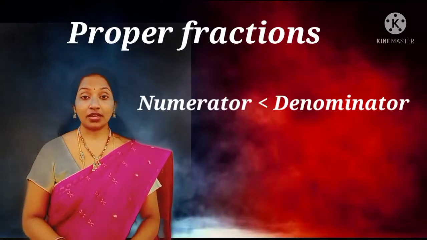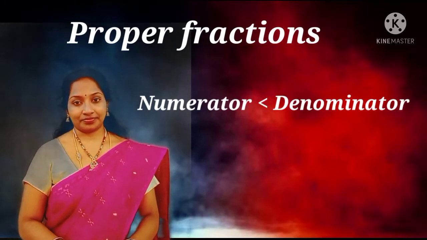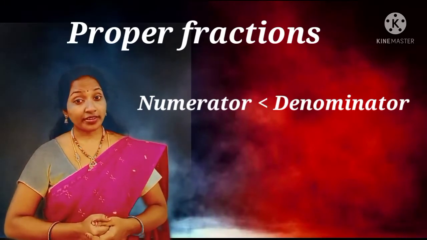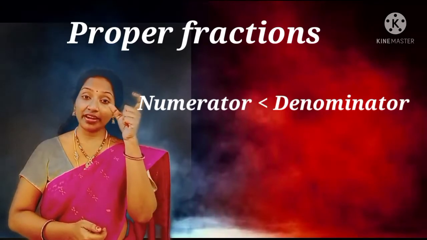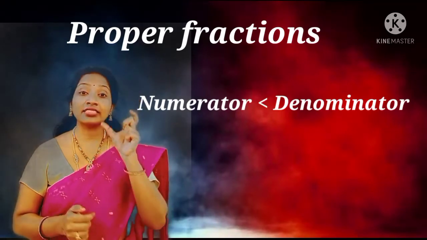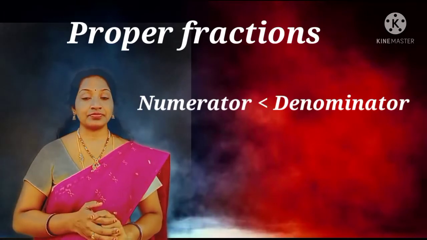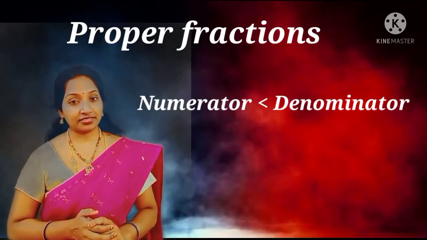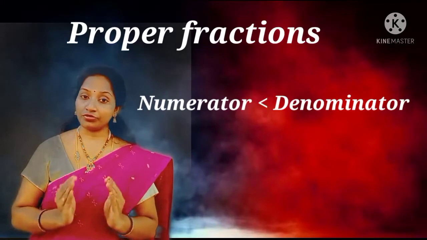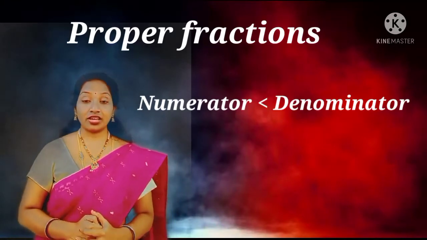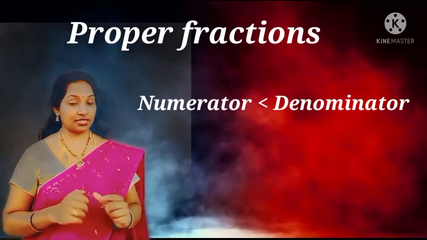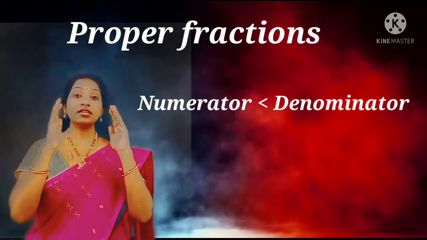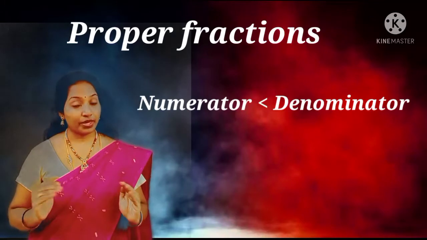Next one, proper fraction. What is a proper fraction? If the numerator is less than the denominator, then that fraction is said to be a proper fraction. That means the numerator is small and the denominator is big.